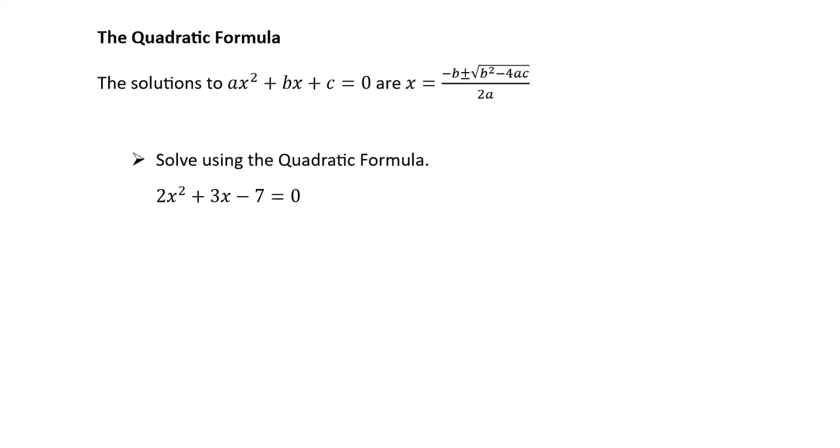So let's solve this using the quadratic formula. We already have it all on one side equal to 0, so we can pull out the a, b, and c. A is 2, b is 3, c is negative 7. Now I'm ready to put this all into my formula.